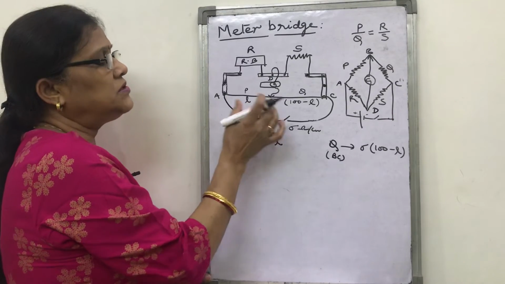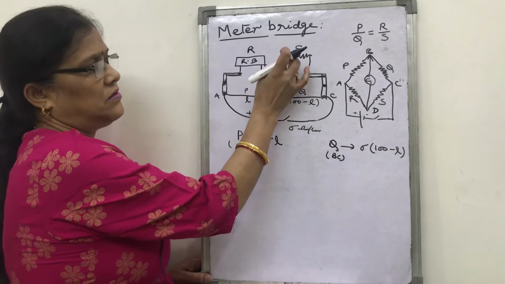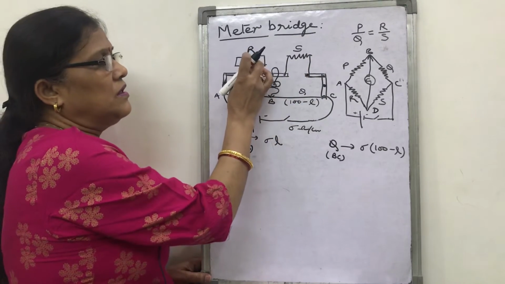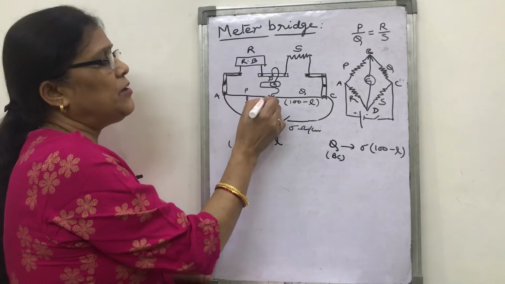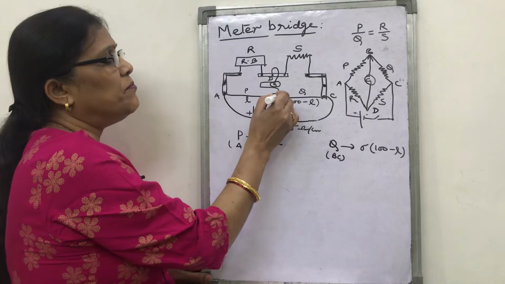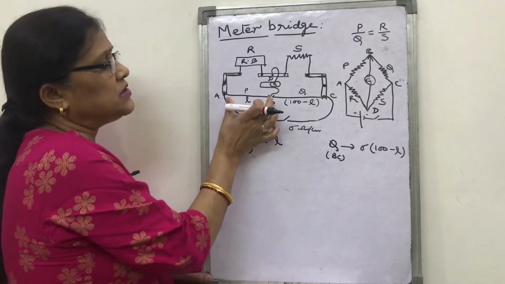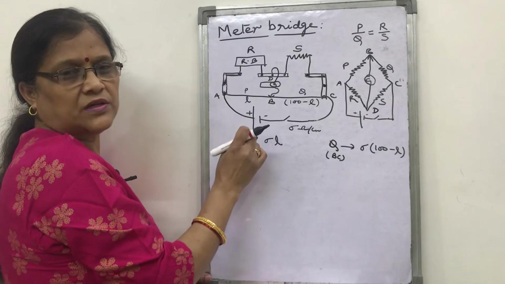So how will you start the practical? How will you come to know the value of S? You take out the suitable plug by keeping the jockey at the middle of the wire, the center of the wire. Why? Because then AB to BC will be 1:1.